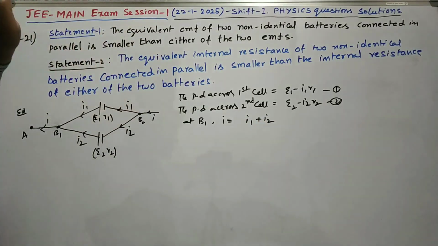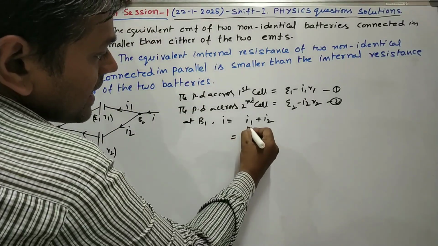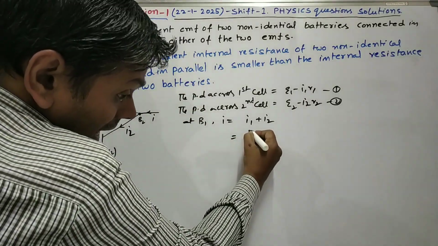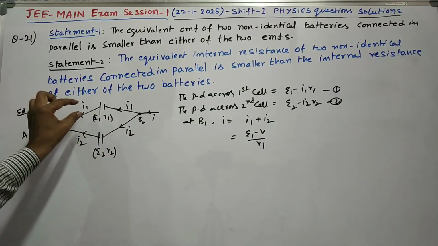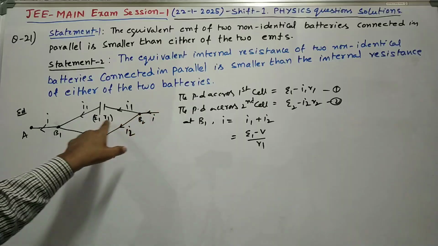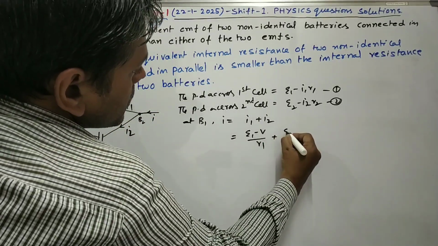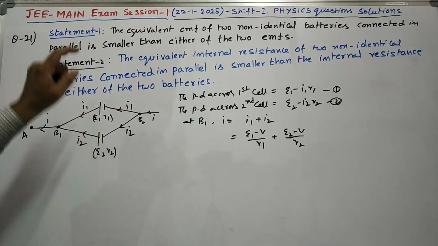I is equal to I1 plus I2. Now combine these two. Current I1 is equal to E1 minus V by R1, that is, EMF minus potential drop divided by R1, the current through the first cell. Similarly, E2 minus V by R2 is the current through the second cell.